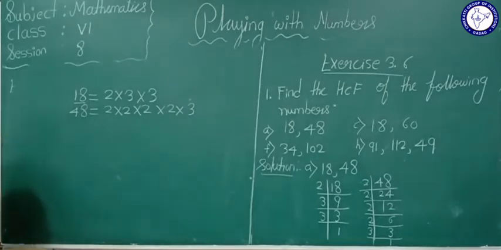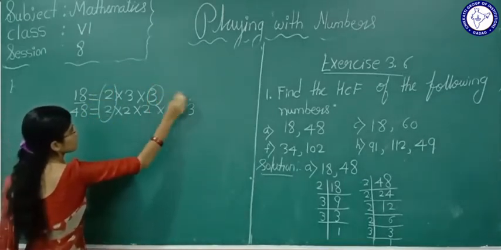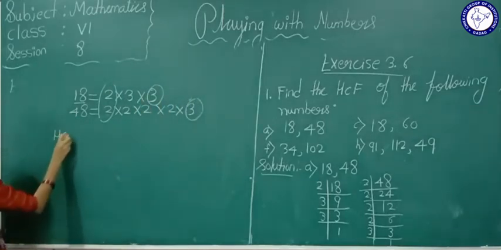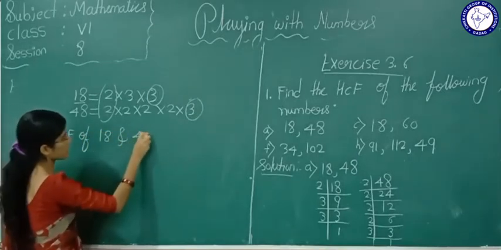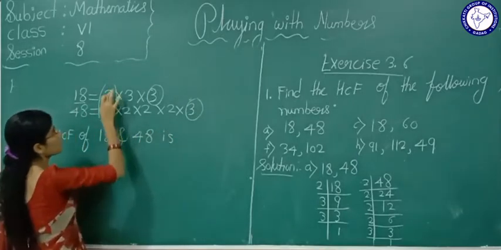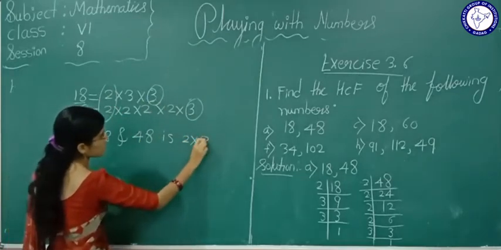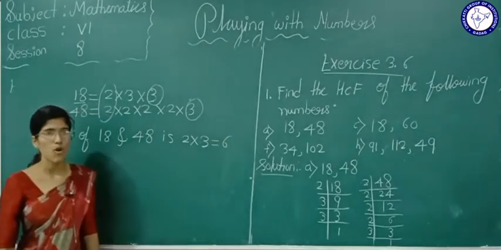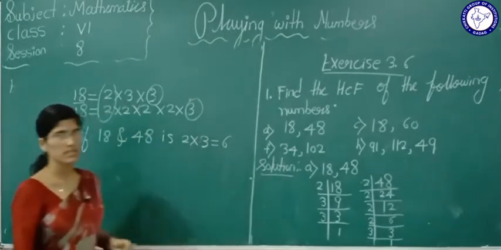Now see here 2 is common. Again here 3 is common. Now see, the HCF of 18 and 48: this 2 we have to take 1 time, and here 3 is common, this you have to take 1 time. 2 3s are 6. The highest common factor of 18 and 48 is 6.